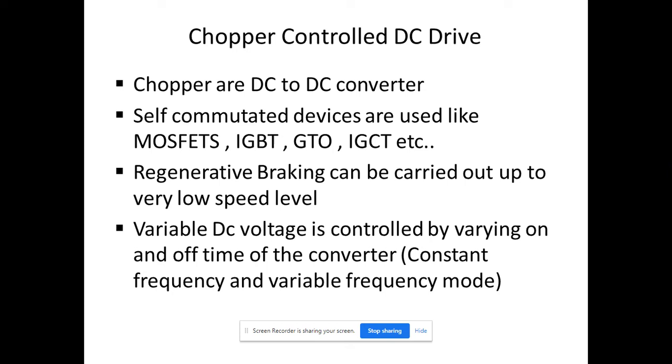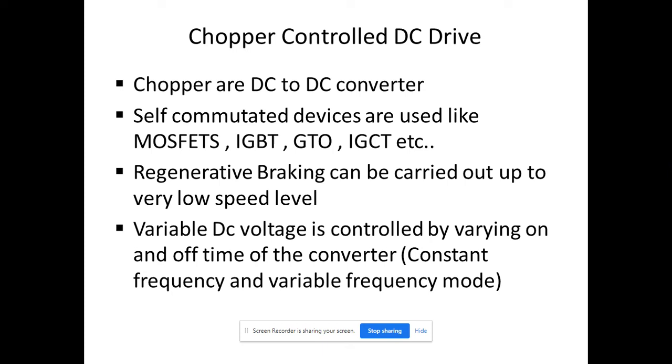and the variable DC output from the chopper is obtained by varying the duty cycle of the transistor, MOSFET, IGBT, or the devices or the converter used.